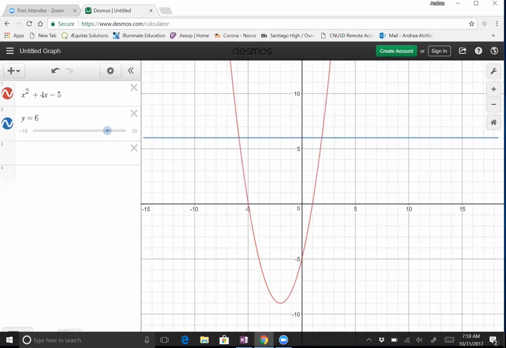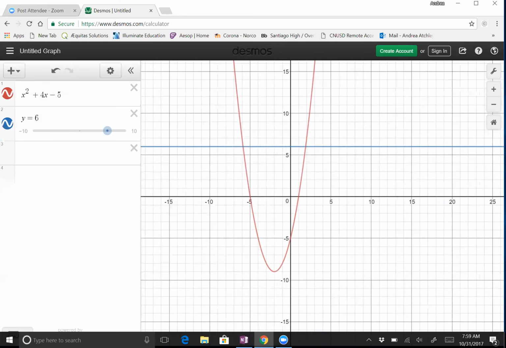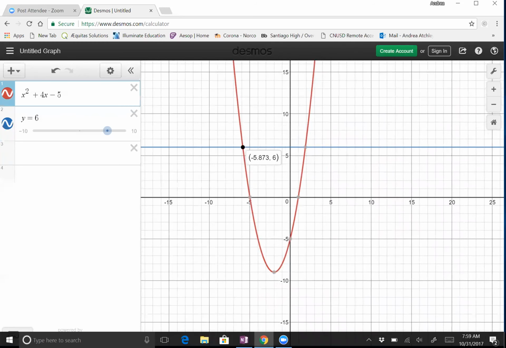I'm going to zoom out for that. So this you couldn't do on your own, right? Because I'm not going to know, oh, it's negative 5.873. Not going to guess that at all, right? And I'm not going to guess 1.873. That's why graphing isn't always the best way to solve this.